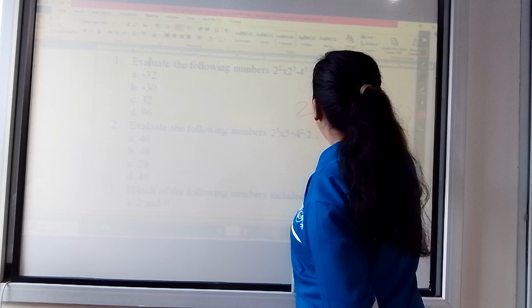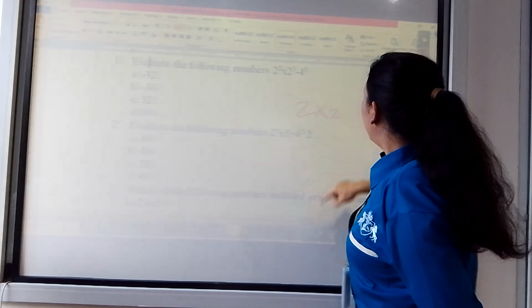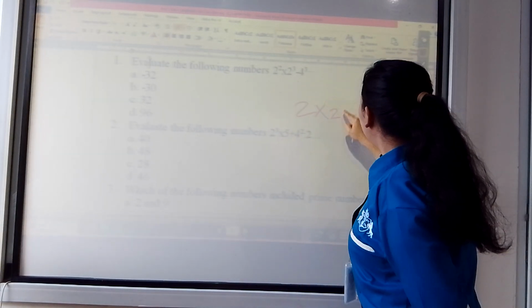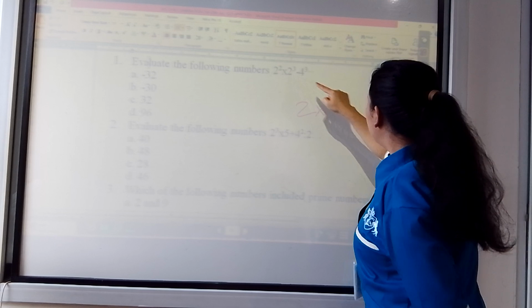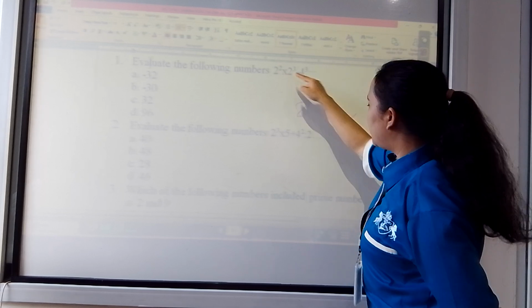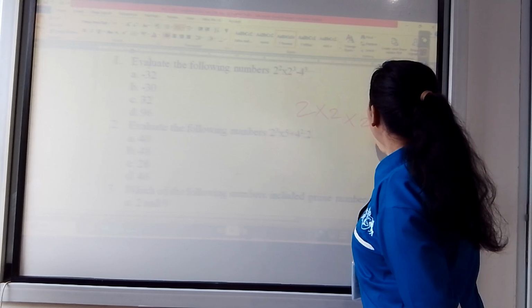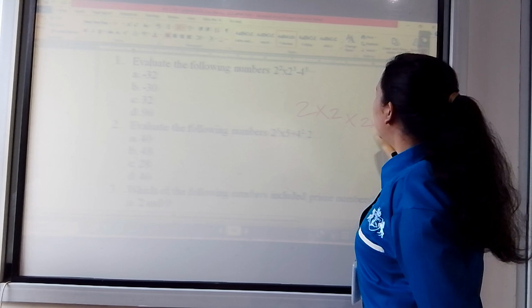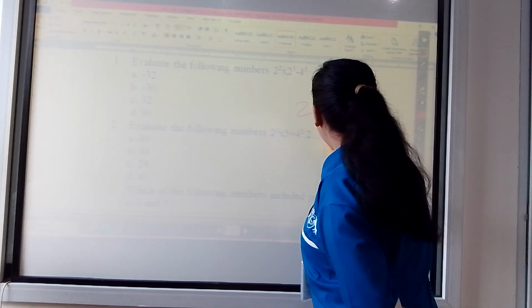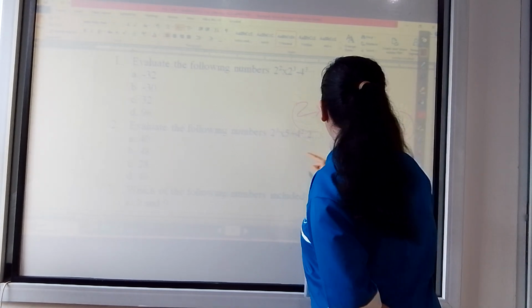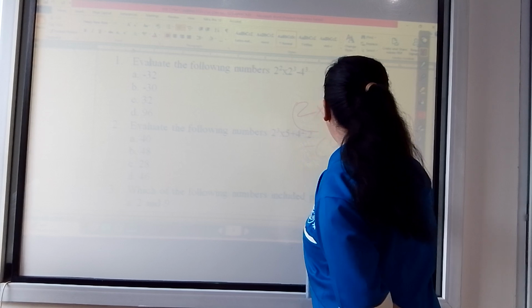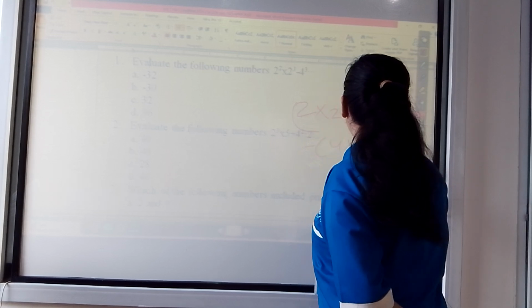Okay, so 2 squared means 2 times 2, and then 2 cubed, we multiply it 3 times. So times 2, times 2, times 2. And then minus 4 times 4 times 4.